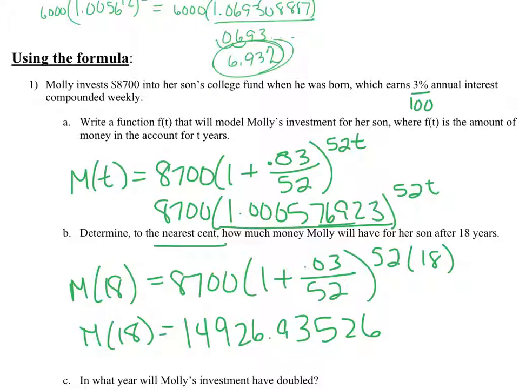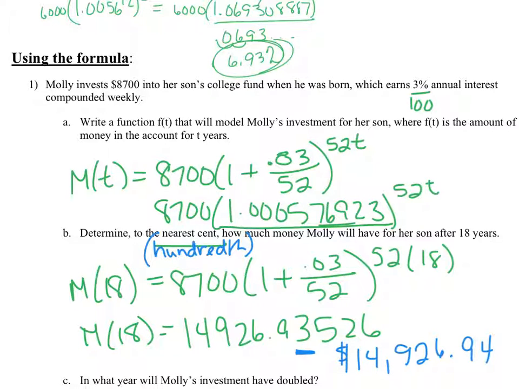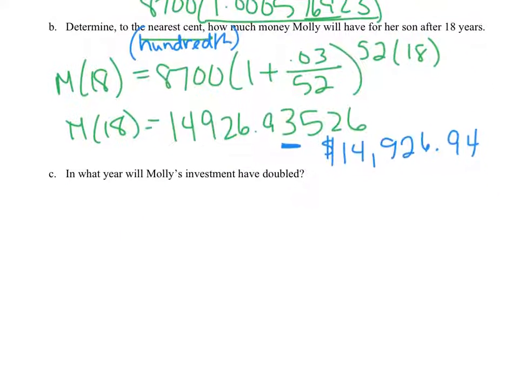Rounding to the nearest cent is the same as the nearest hundredth, 2 decimal places, so we round to here. It's $14,926.94. That's how much she should have in her account after 18 years. Not enough to pay for much college, but whatever.